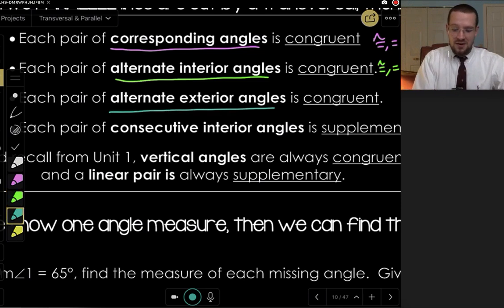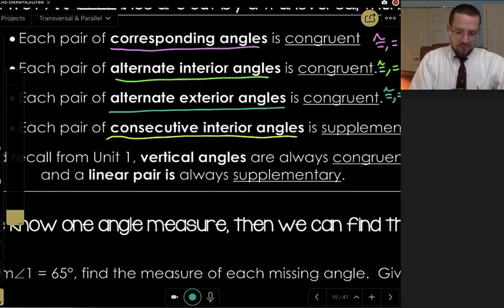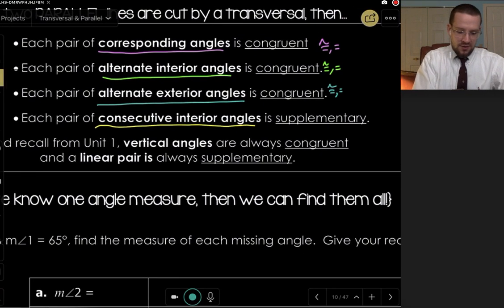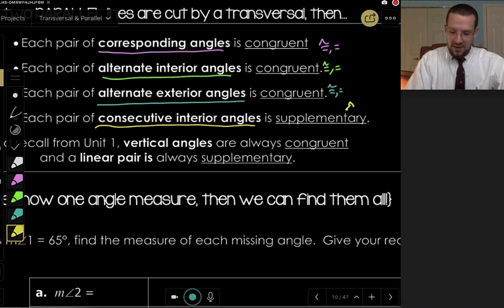Alternating exterior angles are congruent. Consecutive interior angles are supplementary. These are supplementary, so these mean that they have a sum of 180 degrees. That's what supplementary means. And of course, we know that vertical angles are always congruent.